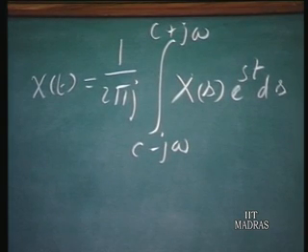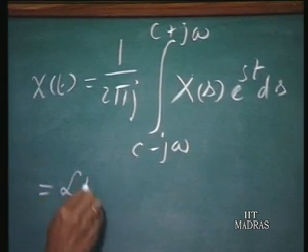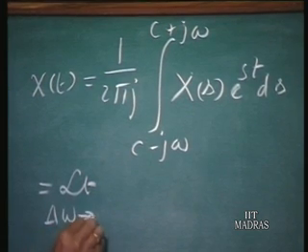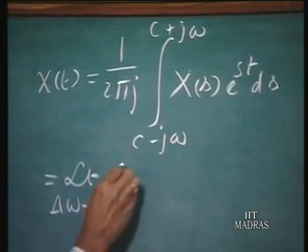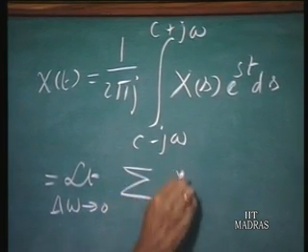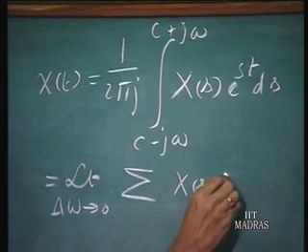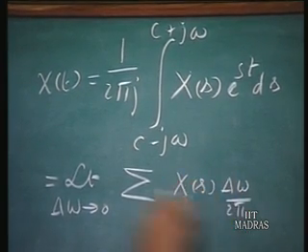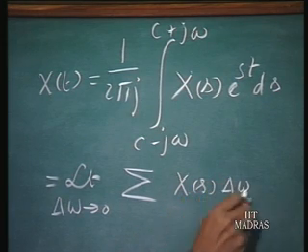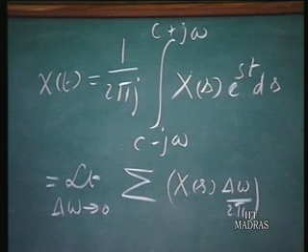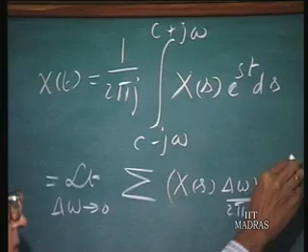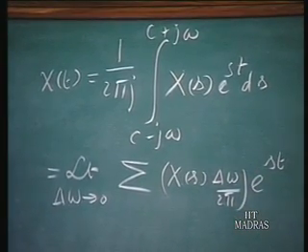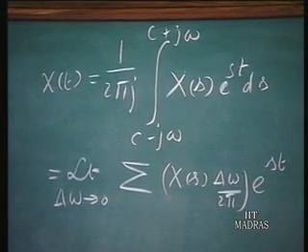What it means is the limit as delta omega goes to 0 of the summation of elementary signals X of s times delta omega over 2 pi. X of s is the coefficient density, and X of s times delta omega over 2 pi is the coefficient of a signal of this type, e power st. Summation over all such signals will yield x(t).